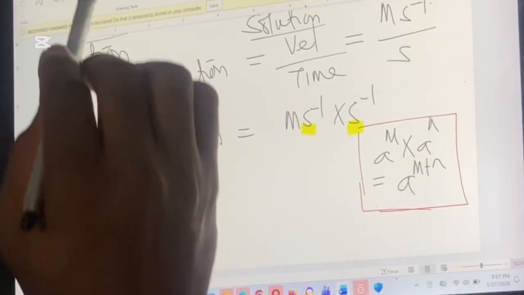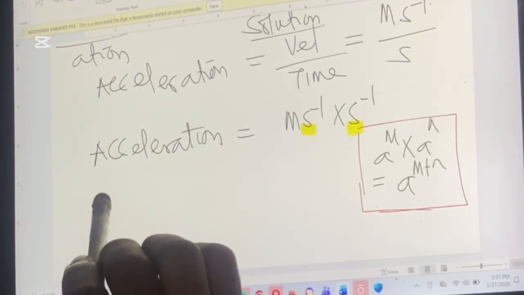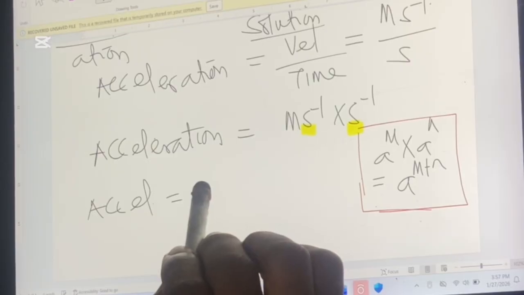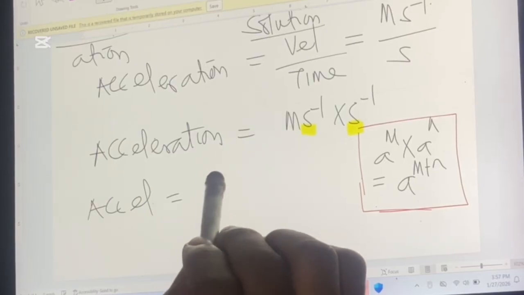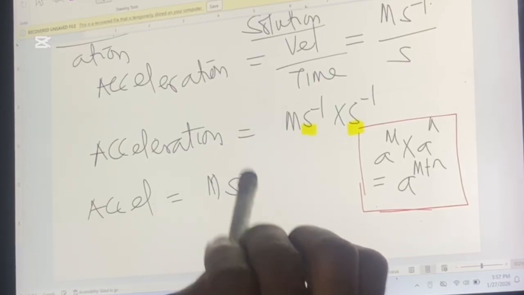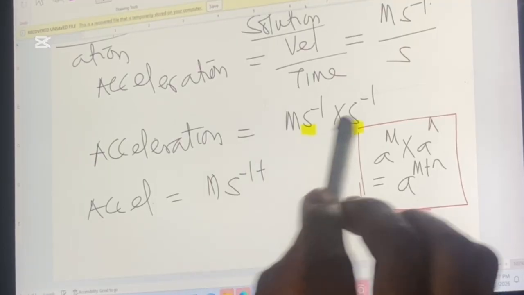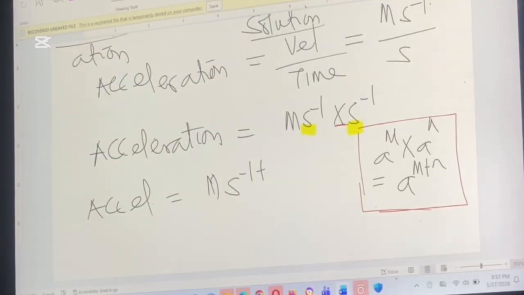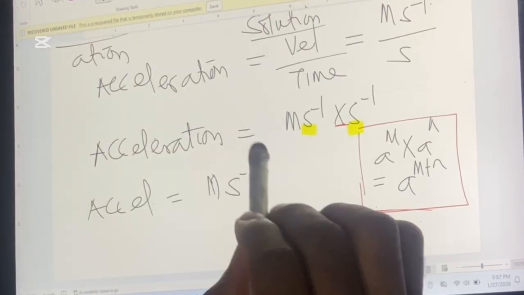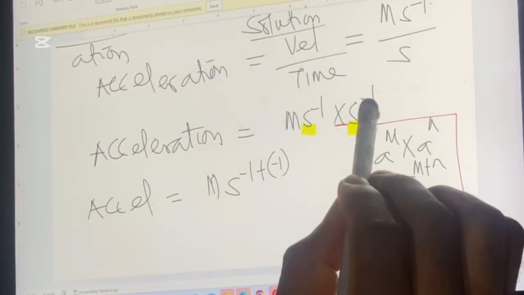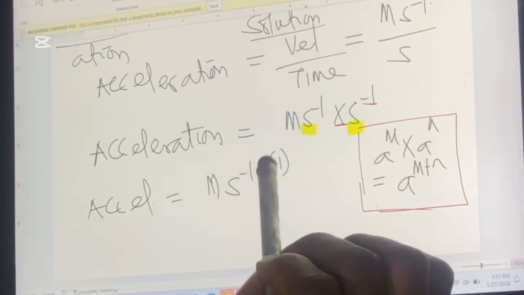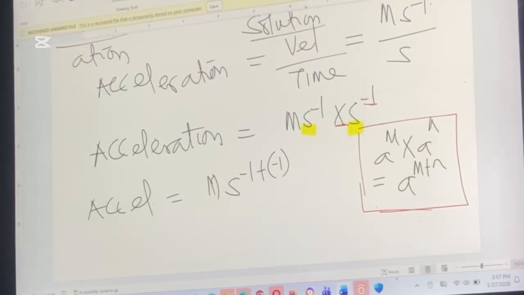So I will have something like this, class. When you do that, acceleration will be equal to meter per second raised to the power of minus 1 plus minus 1. The plus is as a result of the times here, please take note, and the minus is as a result of the power here, please take note. So in mathematics, plus times minus will be minus.